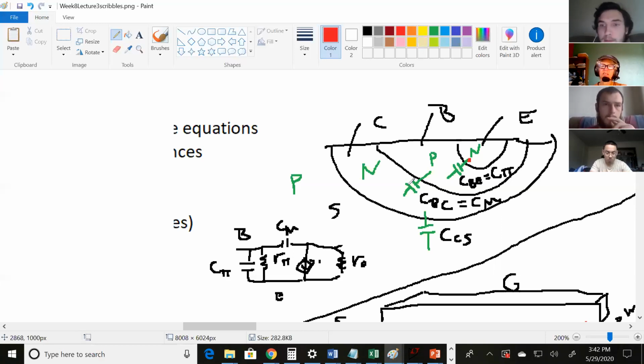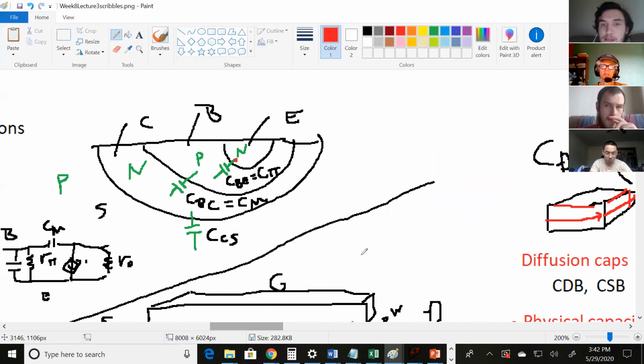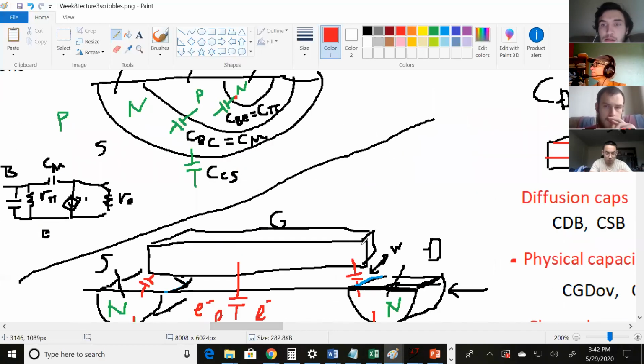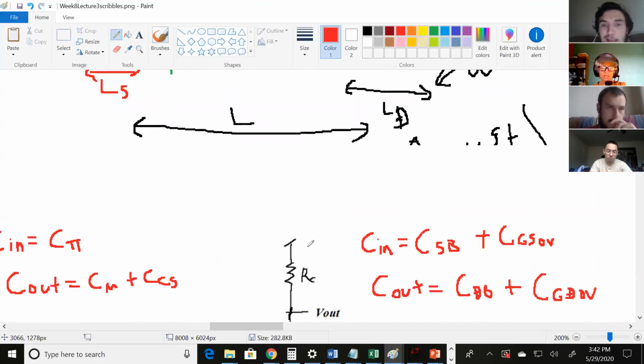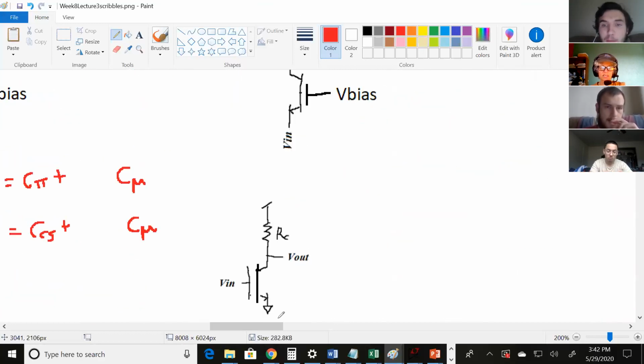But any capacitance that is to ground, or something not moving, you don't need to worry about a multiplier. You don't need to worry about adjusting it. So these are to ground, this is to ground. All those are always as is. But again, if both sides of the capacitance are moving, then you have to do an adjustment, a multiplier for it. So let's look at that.